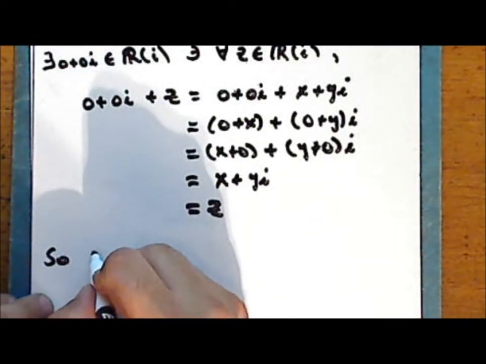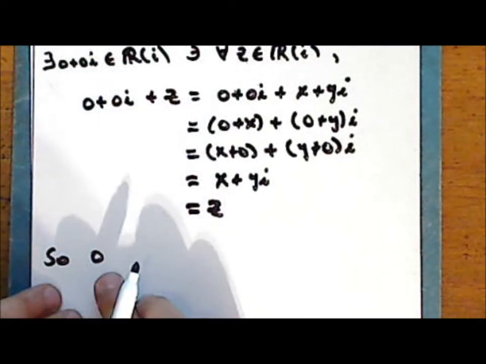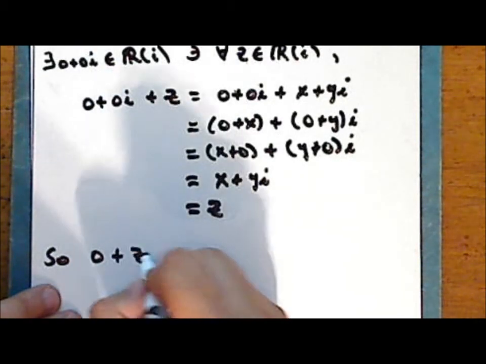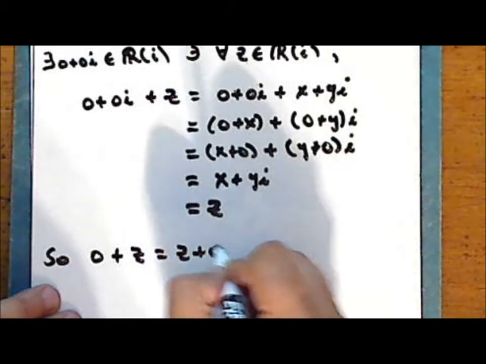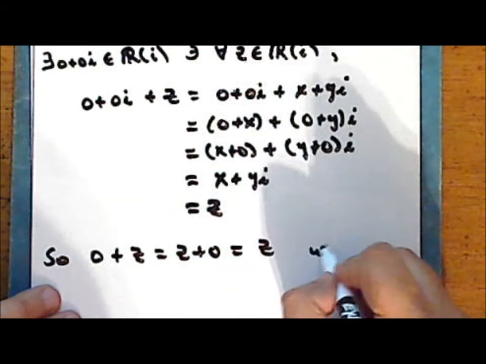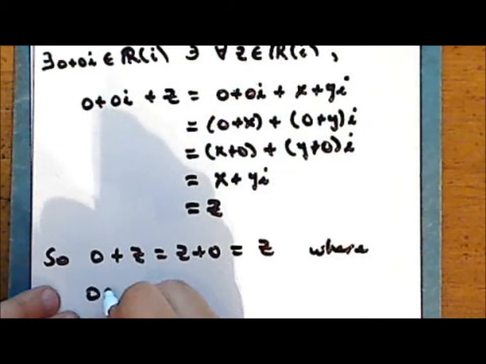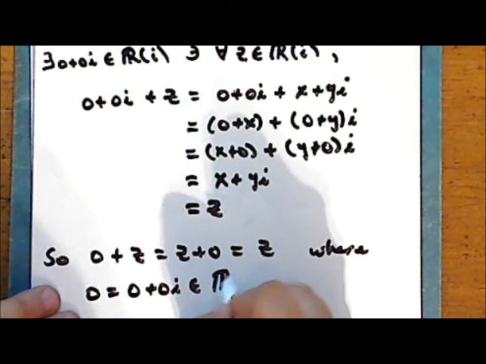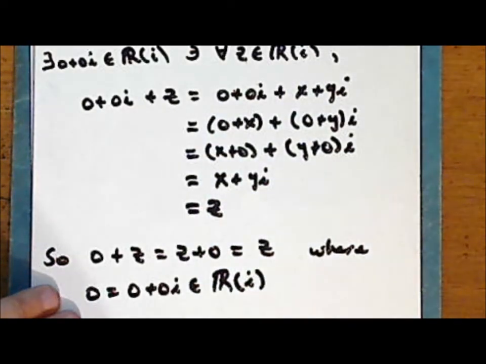And so we have that the 0, or the additive identity, plus z is the same as z plus 0, which is z, where this number 0 has the form 0 plus 0 times I in the set R of I.